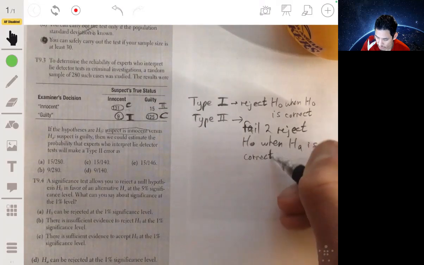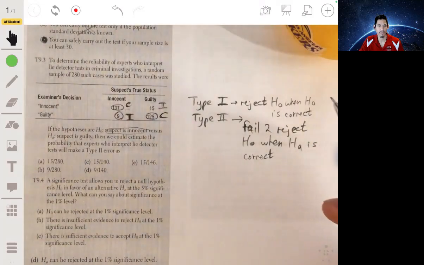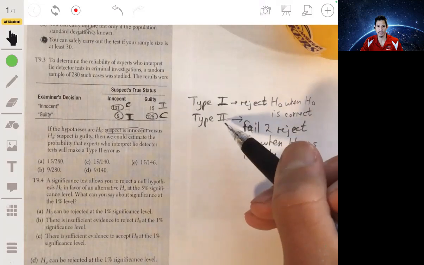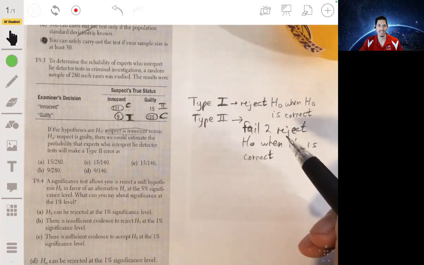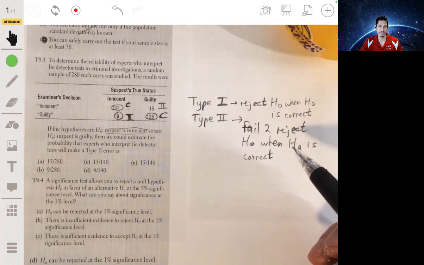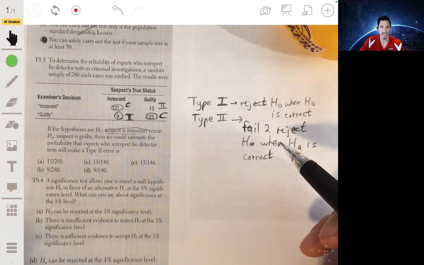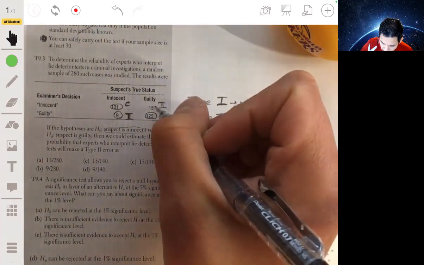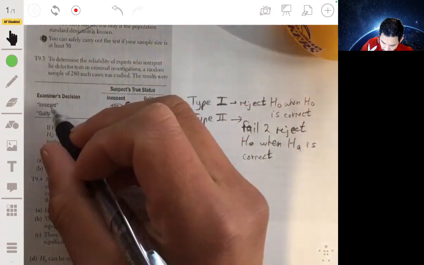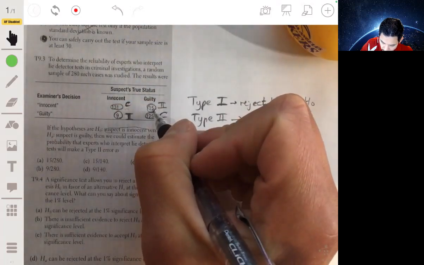A way that I like to tell my students to remember: type 2, fail to. Type 2 is when you fail to reject H0 when the alternative is correct, because again, that's the only way it would make sense for it to be wrong. So type 2 would be this, saying that they're innocent when they're actually guilty.